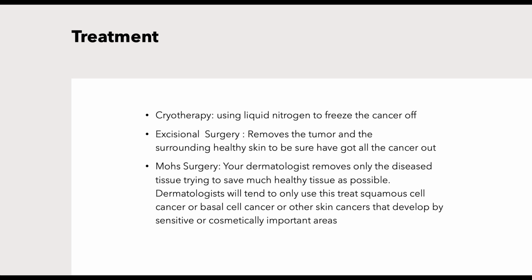Mohs surgery is used for areas like the face where precision matters. The doctor removes a thin layer of tissue and examines each one until no cancer remains. For advanced cases, treatments may include radiation, chemotherapy, or targeted therapies. The key takeaway is early detection: the earlier it's found, the simpler and more effective the treatment will be.